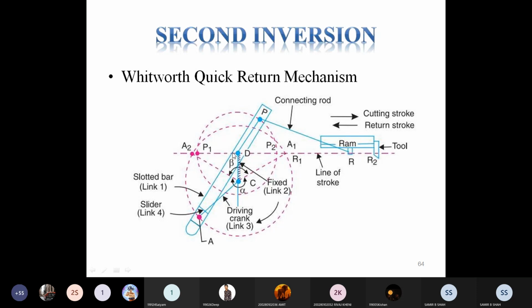Now you can see here, from this point to this, means CA, link 3. Link 3 rotates at uniform angular speed.